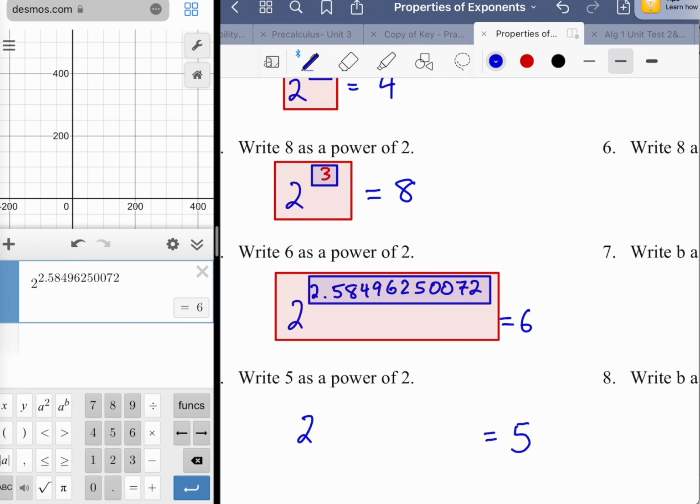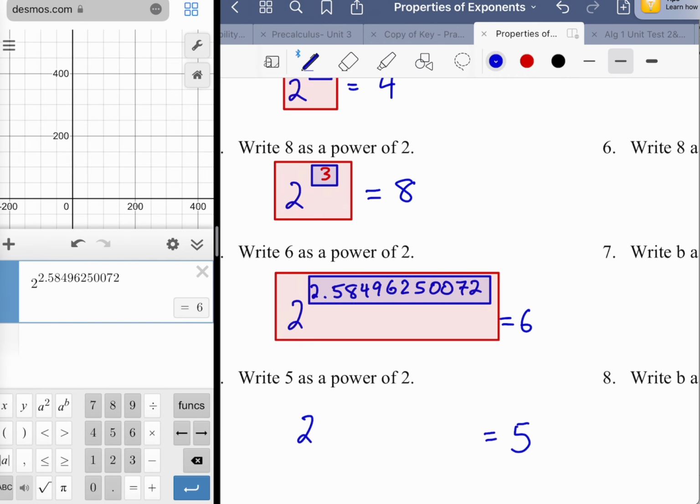So when you type in something like log of 5, it's not that the calculator's computing it on the spot, it's referencing that value. It's determining that value based off of what's stored in its programming.